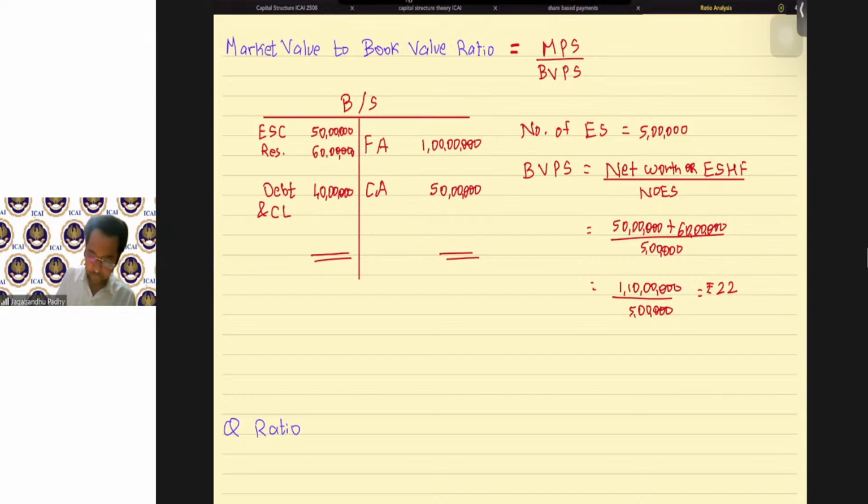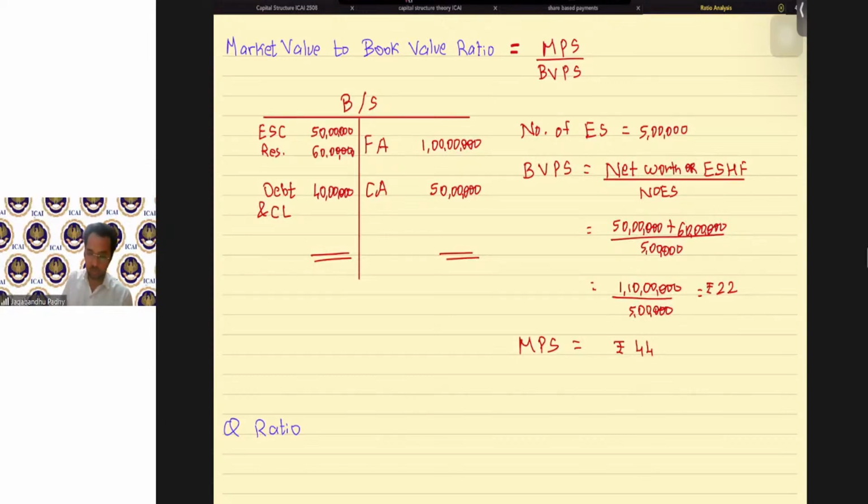Now, if I tell you that in the balance sheet of the company, the assets that it has got, after adjusting them with the liabilities, the value of each share should be 22. In the market, we find that the market price of the share is, let's say, rupees 44.